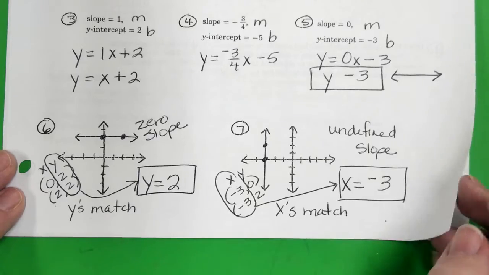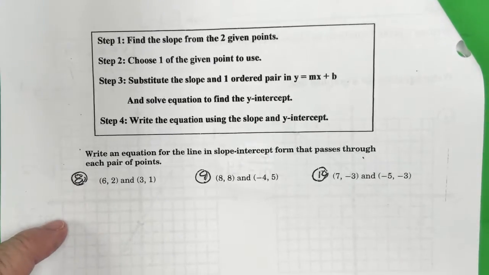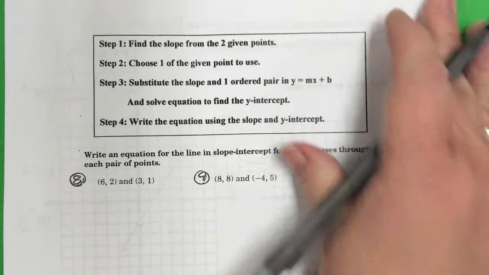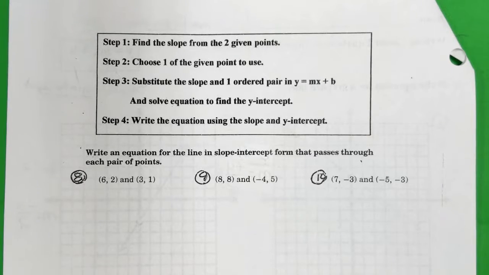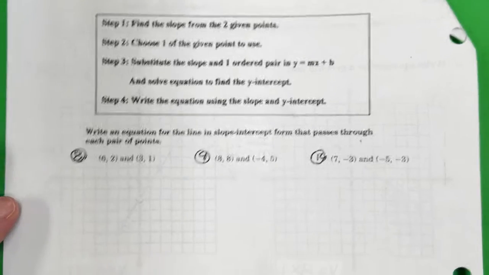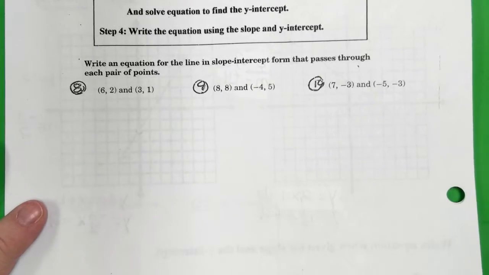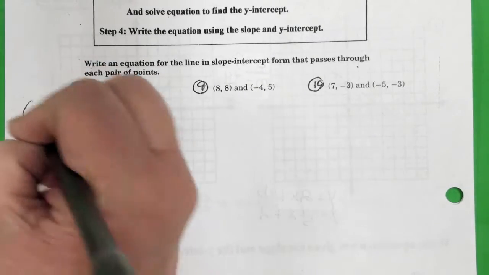Okay. Now, for the last type of problem, we are going to write equations from two given points. These steps will help you to write that equation successfully. First, we want to find the slope of the given points.